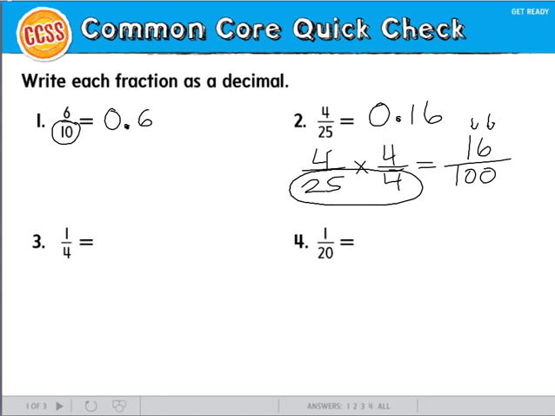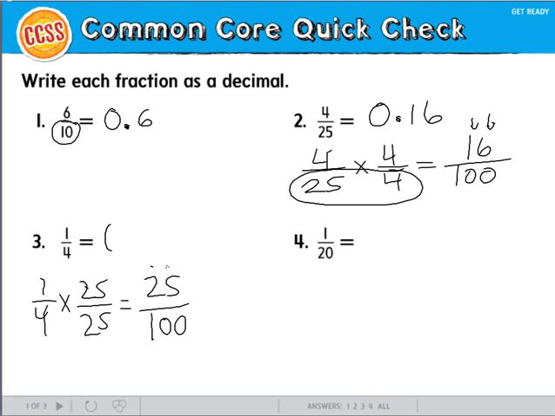So I'm going to take my 1/4 and multiply this by 25 over 25. 1 times 25 is 25. 4 times 25 is 100. So remember, I have 2 digits, and I need the 5 to end in the hundredths place. So 0 point 25 hundredths.